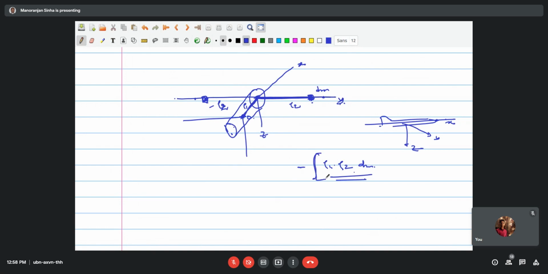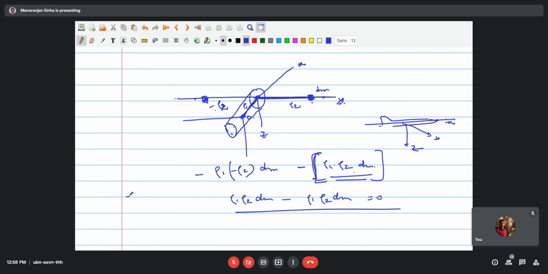We drop the integration sign and just keep the bracket because we have already taken the elemental level. Then we come to this side. We will have rho 1 here, x remains unchanged, and rho 2 is minus rho 2 here, and there is a minus sign and then dm. So this becomes rho 1 times rho 2 dm minus rho 1 times rho 2 dm. So this becomes 0. This simply implies that the Ixy quantity will be 0.